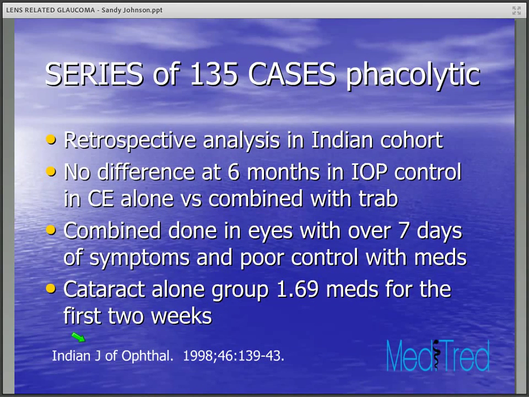And they had chosen combined procedure for the eyes with over 7 days of symptoms, and of course had poor control with medications. And the cataract alone group had 1 to 2 medications needed for the first 2 weeks, but after that there was essentially no change or difference between the two groups, suggesting that cataract alone is a good procedure for phacolytic glaucoma.